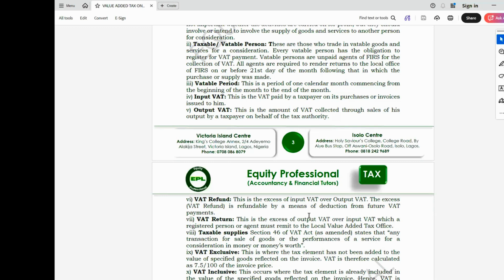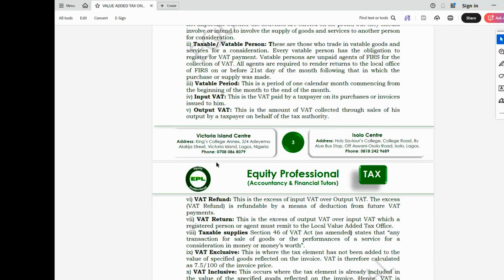The refund will now be given to the taxpayer either in the form of a credit, where you claim it as a tax credit for your future VAT payable, or in other form.